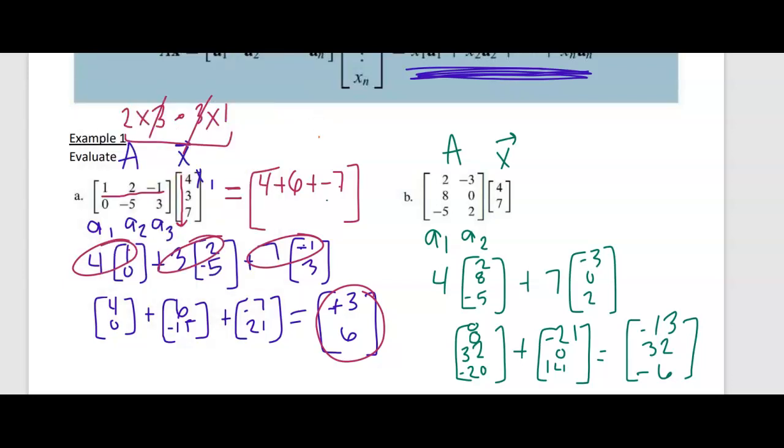I'll change colors just so you can see this row by this column. I get 0 plus -15 plus 21. That does end up giving us our exact same solution here, and that's usually what we're going to end up doing when we're multiplying a matrix by a vector in this way. Again, it's doing the exact same steps you can see here. It's just more of an algorithm in the way that we do it versus taking the full definition and taking that space to do so.